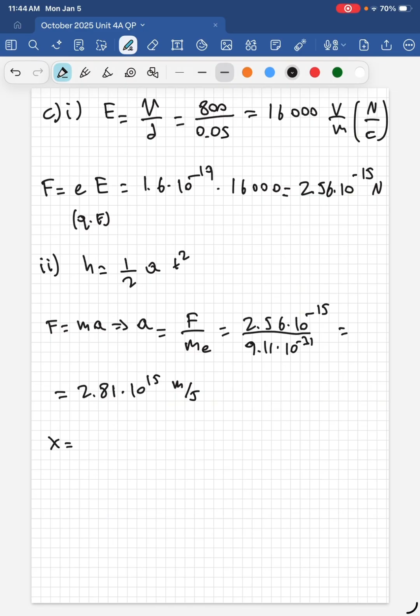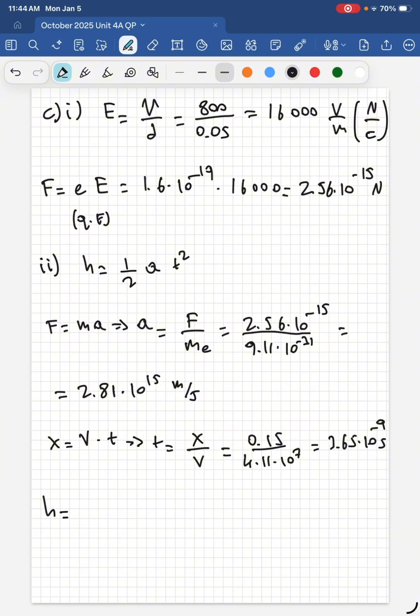Let's call it x equals v times t. So t is x over v. x is 0.15 meters, which is 15 centimeters, over 4.11 times 10 to the 7. And this is equal to 3.65 times 10 to the negative 9 seconds.